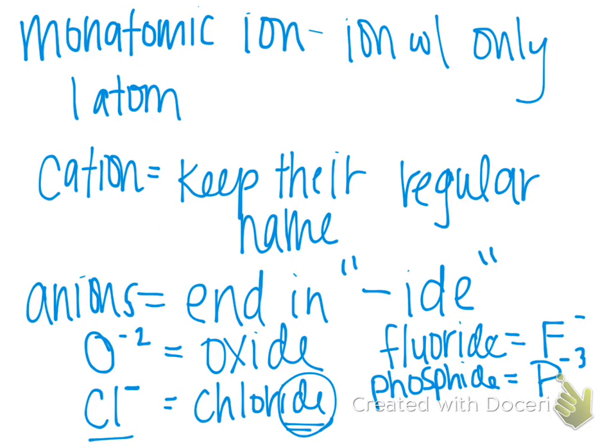You might see some books or worksheets write it like this, 3-. It makes no difference, but I usually write it -3 so we can see that it's a -3. Okay, very good. So that's naming monatomic ions. Now what happens when we start to put elements together? We're going to look at that in just a second.